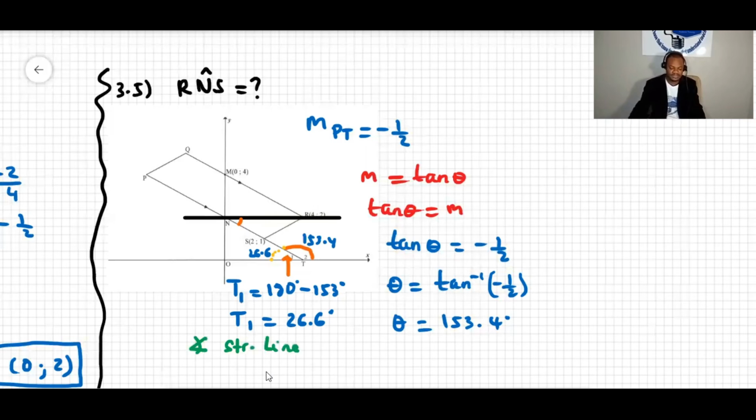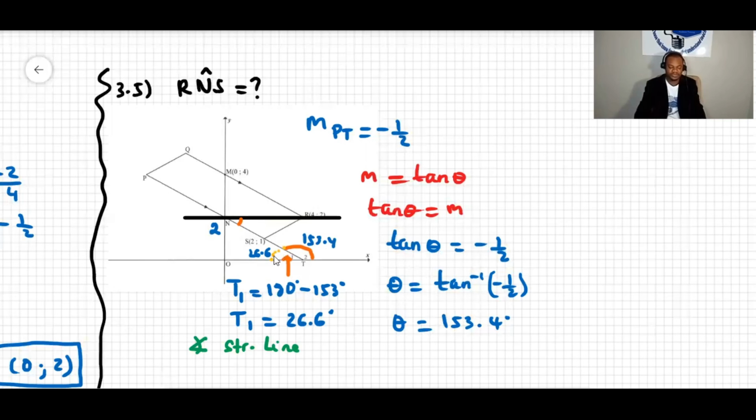Now we can notice that this angle here and this other angle are alternate angles, because this is a straight line that passes through 2. Remember, in the previous video we found N, the line that passes through the y-intercept. This N was equal to 2, and it passes also through another 2 here. It means that this line is horizontal, and horizontal lines are parallel to the x-axis. So we have two parallel lines here and the transversal, which is PT.